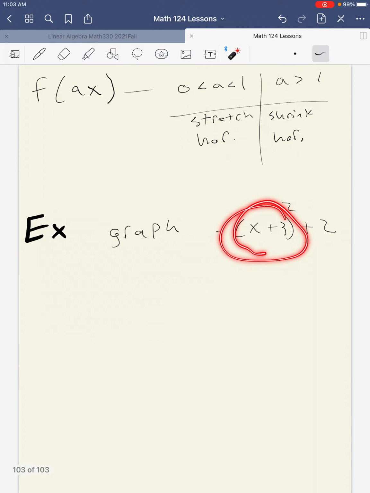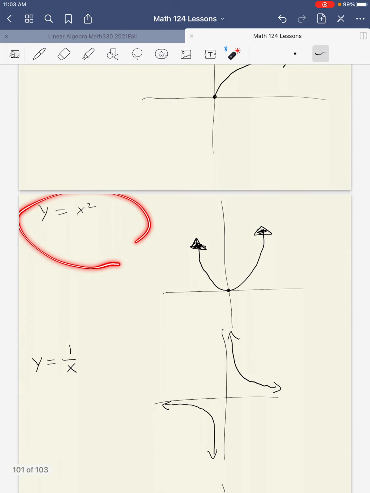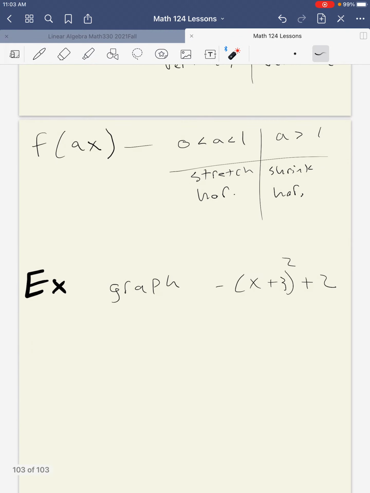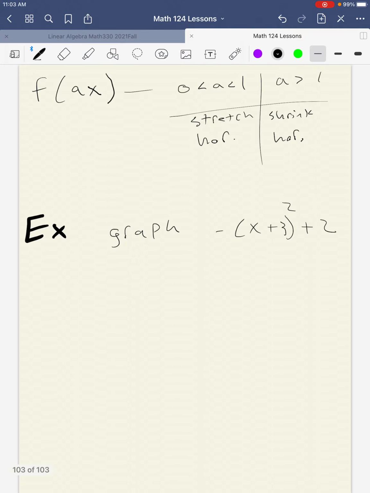Notice how we have something squared, which means we can start with this basic graph and make the necessary transformations to arrive at this graph. Right, so first we could just graph, this is the graph of x squared. Okay.